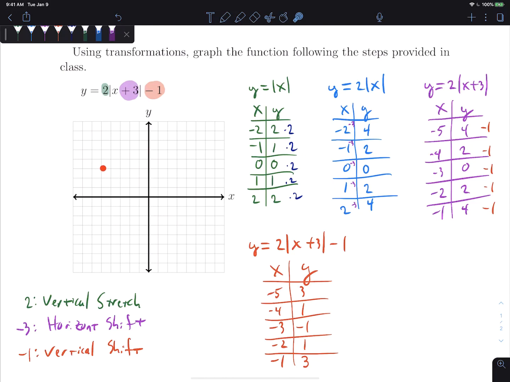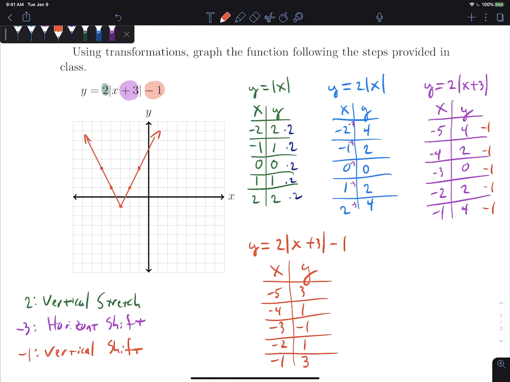Up 3. 1, 2, 3. There we go. Then negative 4, positive 1. Negative 3, negative 1. Negative 2, 1. And negative 1, 3. Then, of course, just connect these with a trusty straight edge. And there is your absolute value.